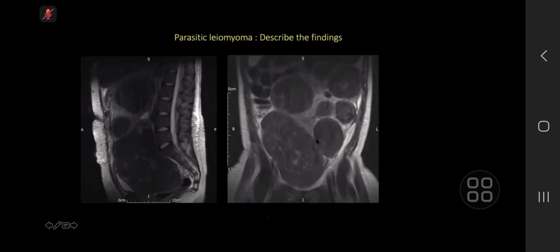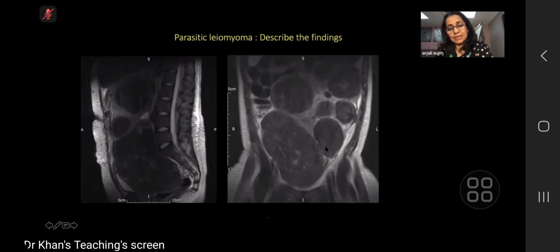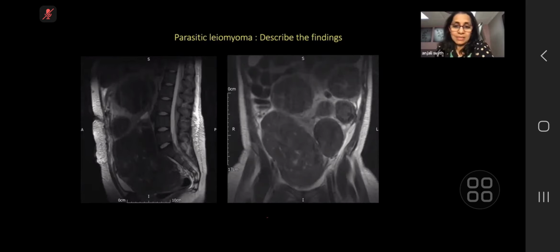Yeah, good. And the uterus is filled with fibroids. So this is a case of multiple fibroids. What happens here is we cannot actually see a connection of some of the fibroids, which are within the abdomen, to the parent uterus. Sometimes a leiomyoma gets attached to adjacent structures like the omentum or broad ligament.